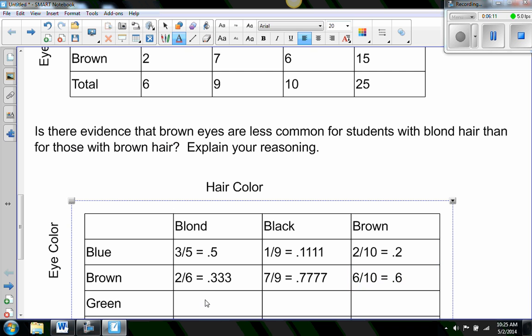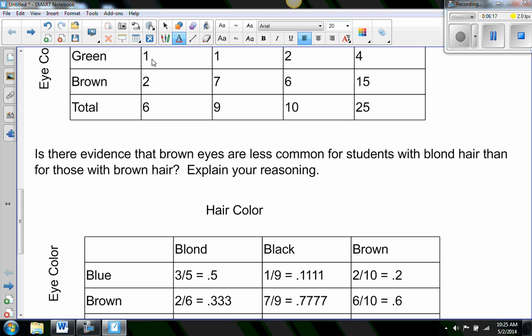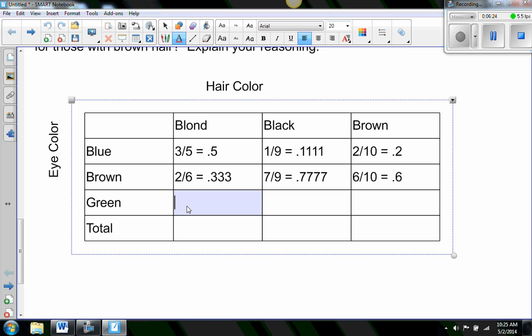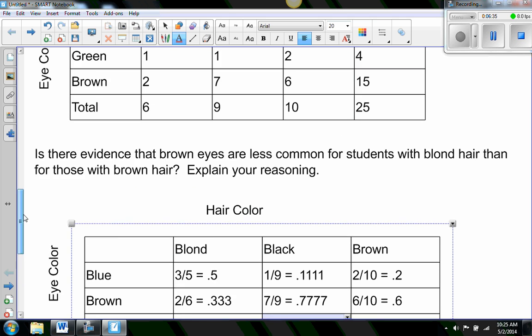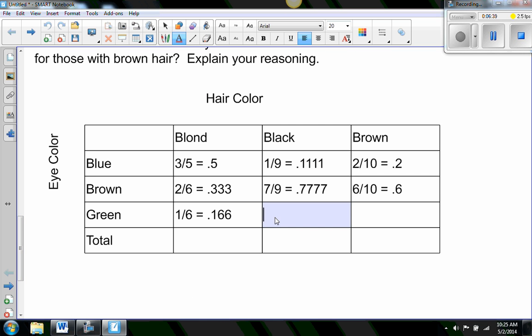So now the green eyes. Gotta go up a row there. So here I have green-eyed, blonde-haired, 1 out of 6. So 1 out of 6, which is 0.16 with the 6 repeating. Black hair, green eyes, 1 out of 9. 1/9.